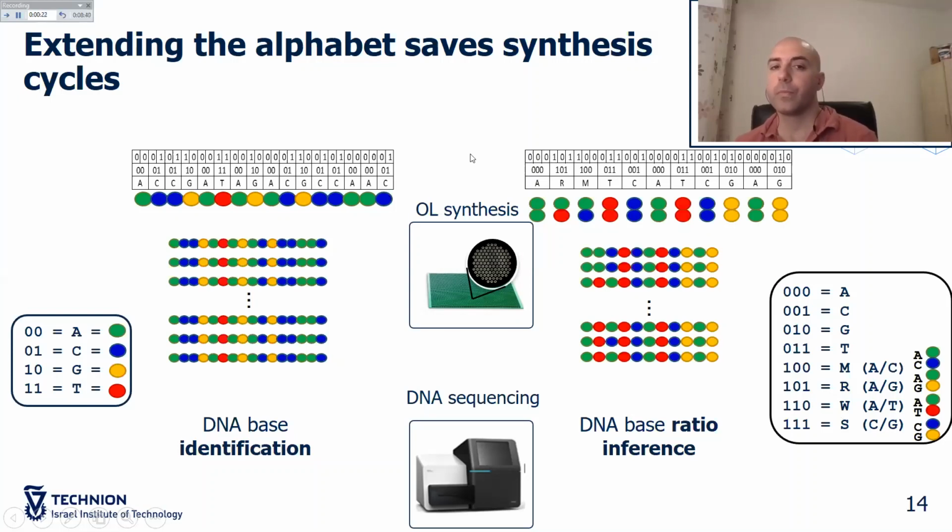And now 33 bits will become an 11-letter sequence. So the DNA molecules that you have to synthesize in this case would be much shorter. And one other difference is that instead of just identifying the letter of each position, now we'll have to identify or infer the ratio of the 4 bases in each position.